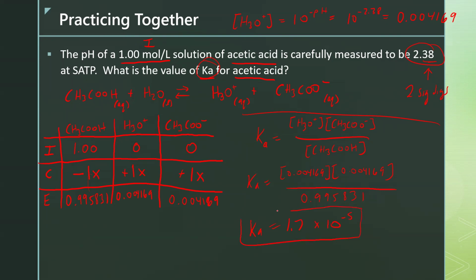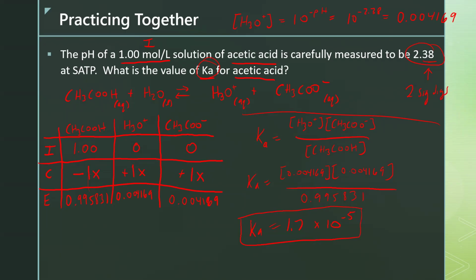And these equilibrium constant things, or acid ionization constant in this case, don't actually have any units. They're just a constant. So 1.7 times 10 to the negative 5. And if you were to look on your data booklet, the answer that it has on there is actually 1.8 times 10 to the negative 5. So when I started this question, I said, hey, why can't we just use our data booklet and figure it out? Well, it's because they gave us experimental data.